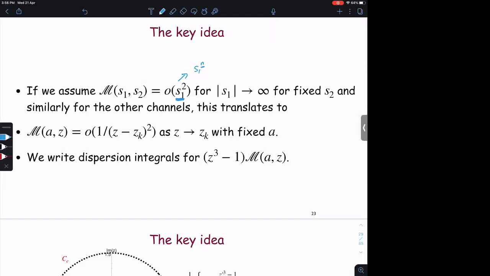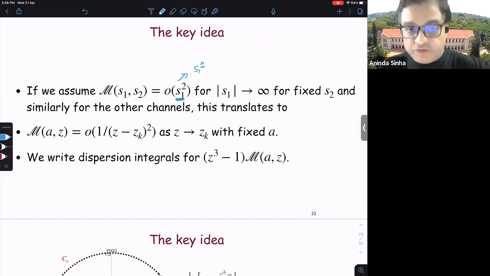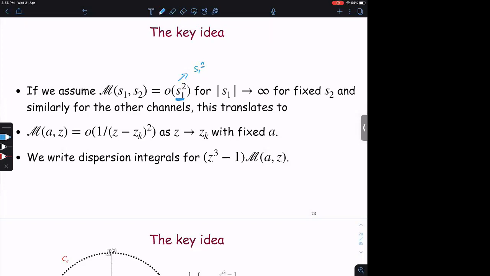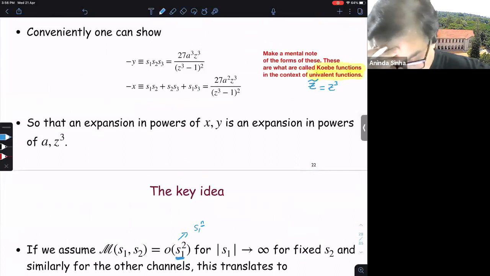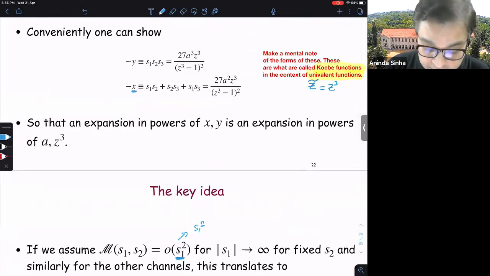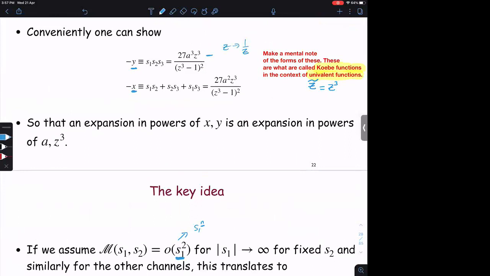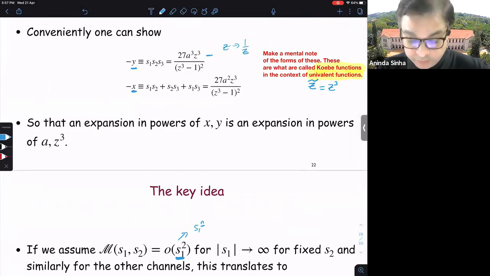So one question, Aninda. The crossing symmetry would imply that the stuff should be only a function of Z cube, right? Yes. But that is the cyclic symmetry only. But there is a Z2 permutation also, right? Which is part of crossing. Yes. So you mean that is the analog of the S1 S2 interchange? Yeah, S1 S2 flip. So that's a good question. In the language of X and Y, these are also invariant under Z going to 1 over Z. So that probably has to do with this permutation exchange that you're talking about.